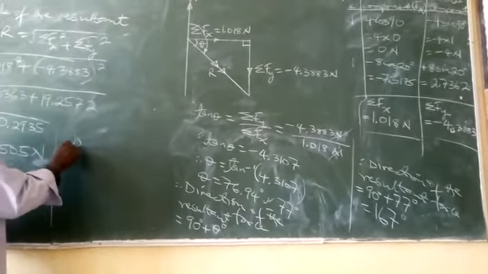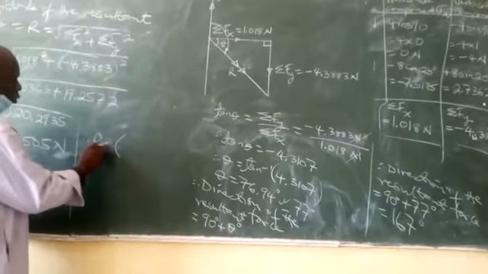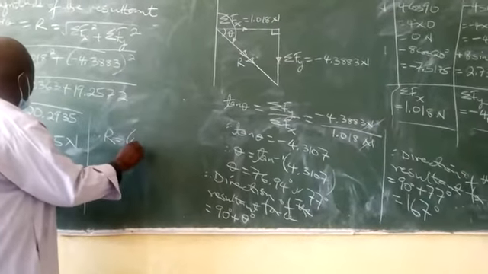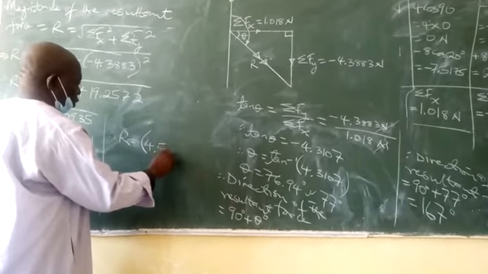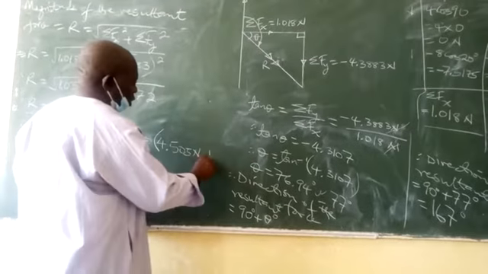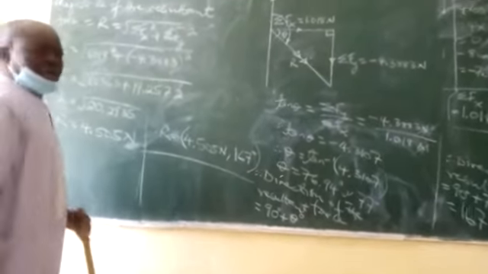Therefore, concluding, R in polar coordinate form is 4.5 Newton, 167 degrees. So that is my answer.